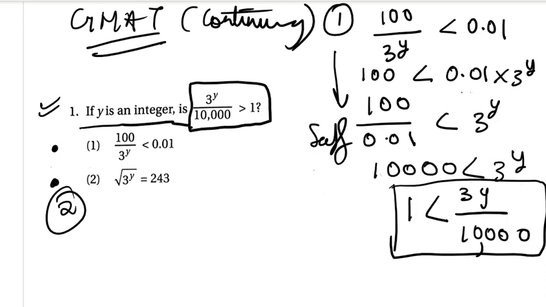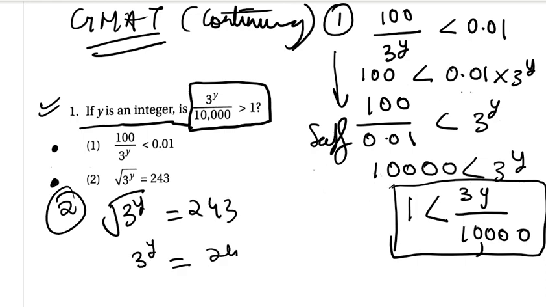Second one, it's given the square root of 3 to the power y is 243. So I can write this as 3 to the power y is equal to 243 whole to the power 2.